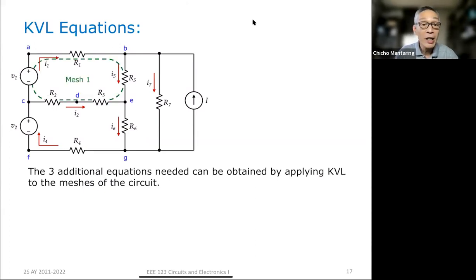So this is mesh 1. What is my KVL equation for mesh 1? Can I ask Carl? Let's say I go clockwise.